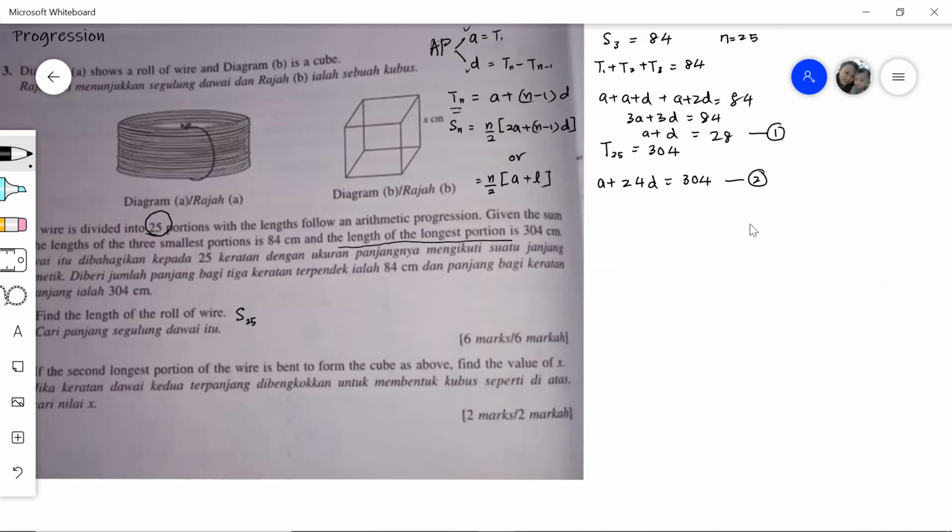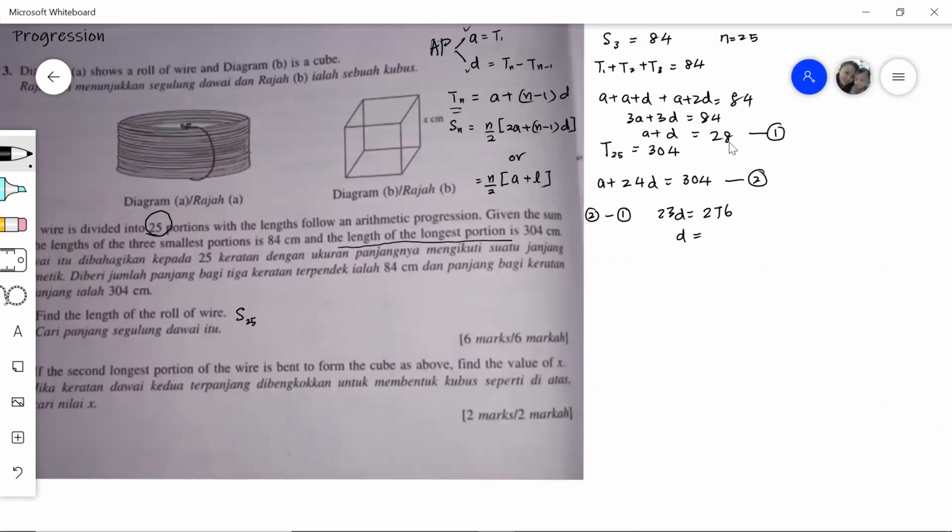Now we take equation 2 minus equation 1. So a minus a, we have no more a. And 24d minus d, we have 23d = 304 minus 28, which is 276. For d, we take 276 divided by 23.